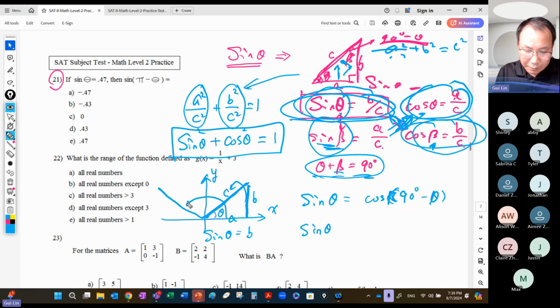If this is theta, then this one is 180 degrees minus theta, right? So it becomes pi, we know that 180 degrees equals pi, right? So when they take sine of this part, what does it mean? Sine of pi minus theta. This part also equals this part over here, right? So it equals B over C here.